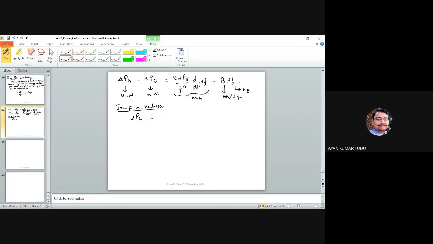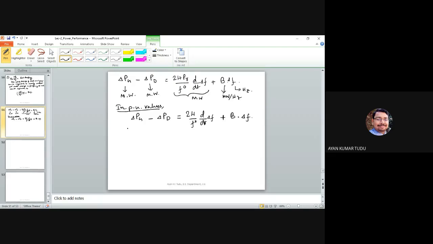I'm not writing the per unit, I think you can understand. So del Pg minus del Pd is equal to 2H by f naught d by dt of delta f plus B, which is again per unit value per hertz, into delta f.